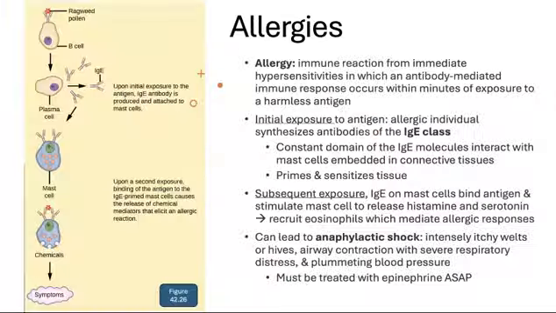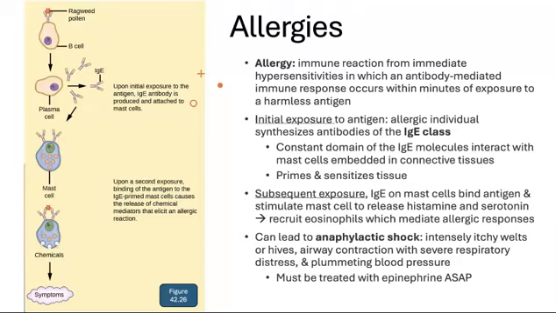So we'll start off talking about immediate hypersensitivities, and that would include allergies. So an allergy is when we have an immune reaction from an immediate hypersensitivity to which our antibody-mediated immune response is going to take place within minutes of exposure to that harmless antigen.